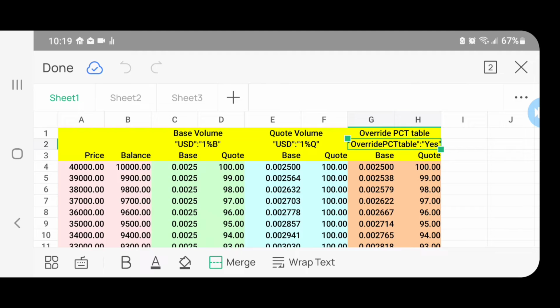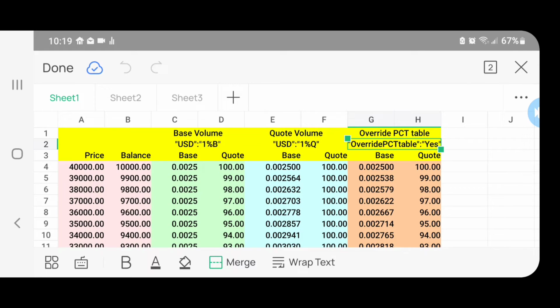Here you see both the base and quote currency volumes changing, because for the purposes of this example, 1% of the budget is calculated each and every time the trade takes place, not just at the start of the trade cycles.